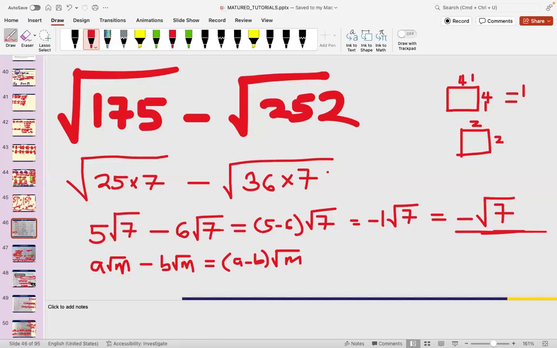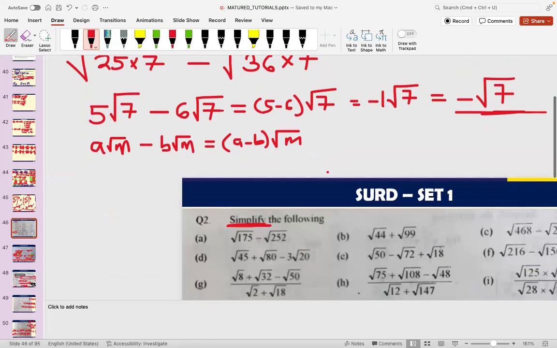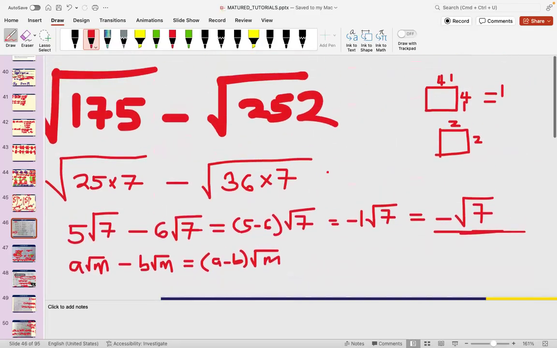Okay, so we are using the same strategy. Yes, Joseph. Yes, sir. So after finding the perfect square, let's say the 25 times 7, when you are going to find the next, that's the square root of 252, you just have to find the number that you can multiply with 7 to get it.